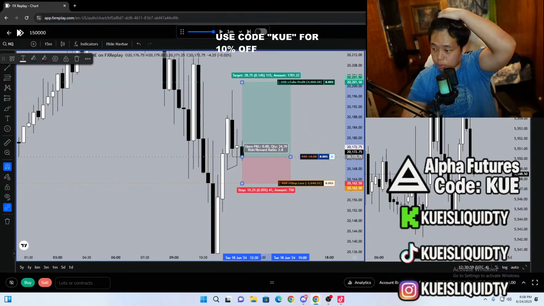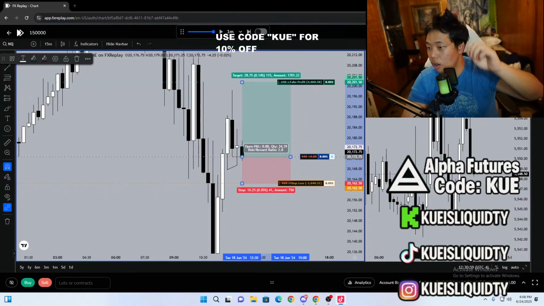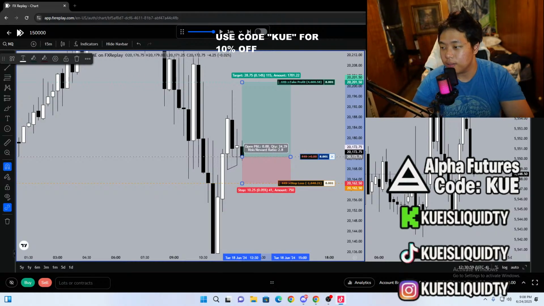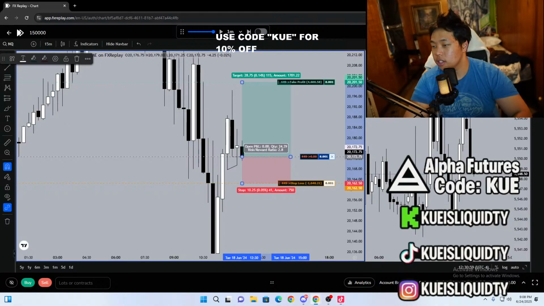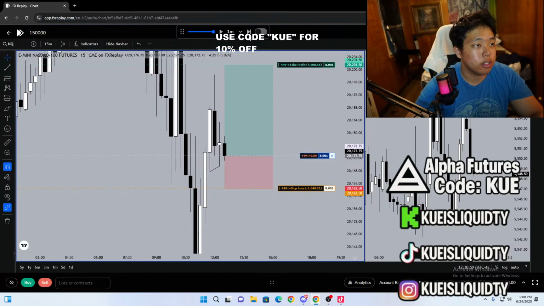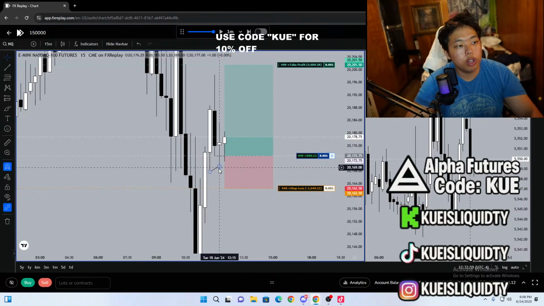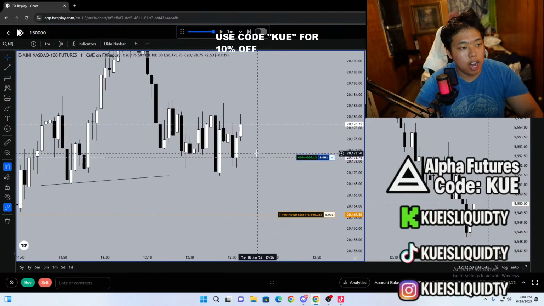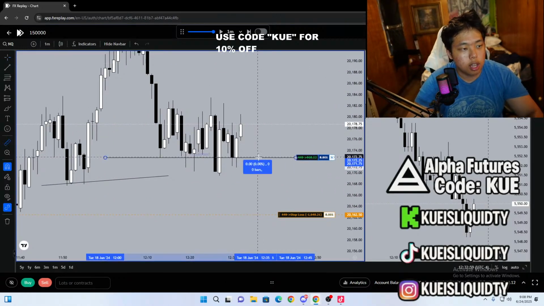Oh, I messed up, I forgot to change it. There we go, this is the 15-minute time frame. Bullish rejection block here, SMT, dropped down to 1 minute. See how it bottom ticked this with a 10-point stop.